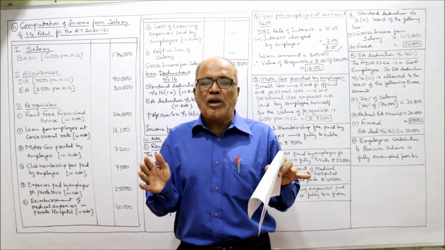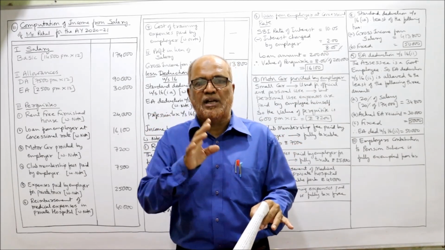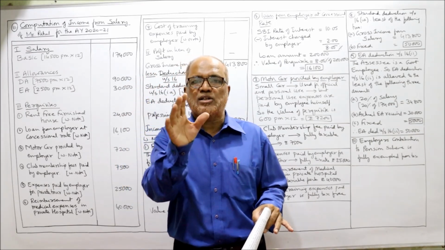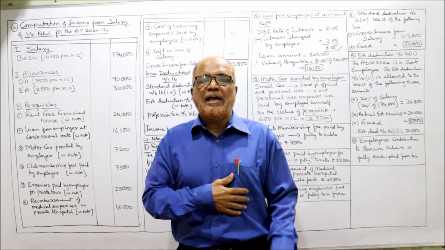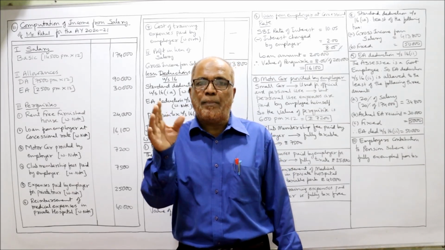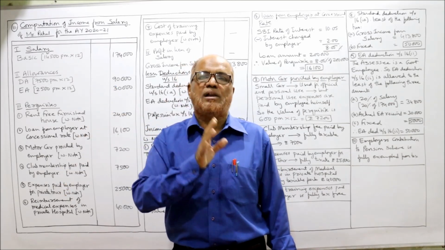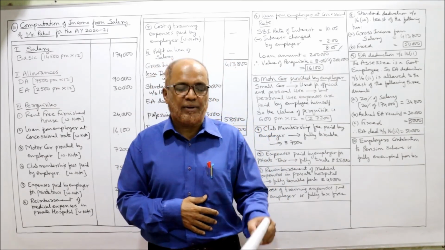That means small car is provided by the employer to the employee for official and personal use, but whenever the car is used for personal purpose, the expenses are paid by the employee. Then the value of the perquisite is 600 rupees per month, because the personal use expenses are paid by employee himself.